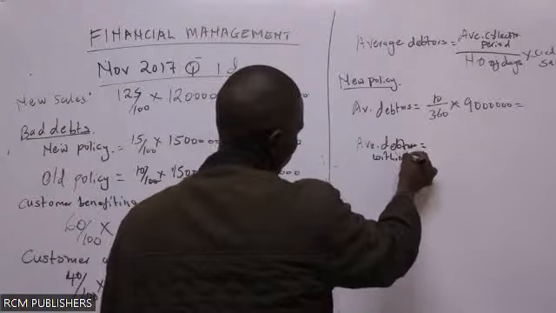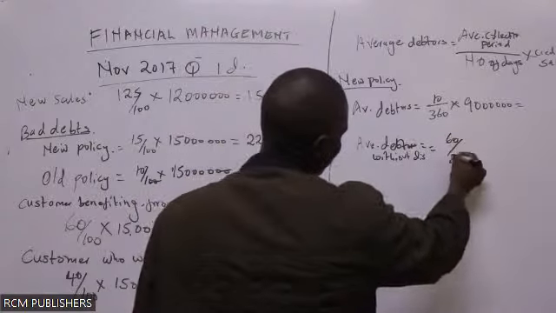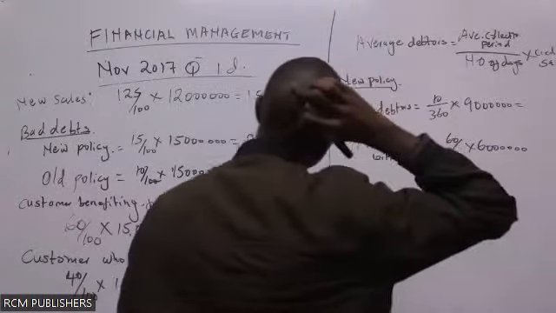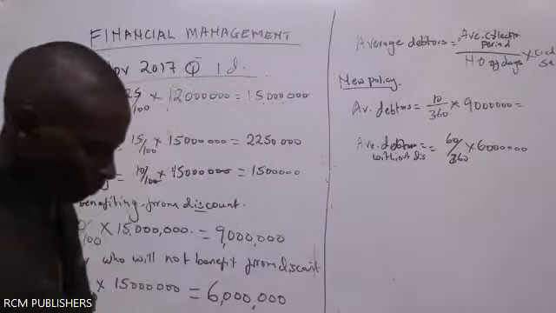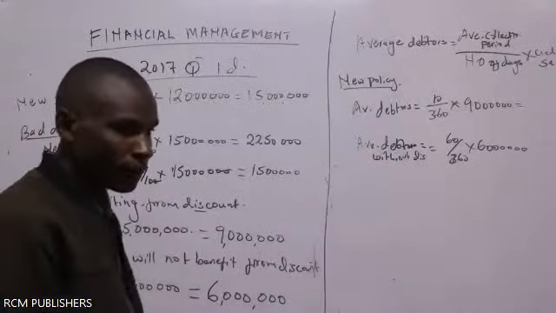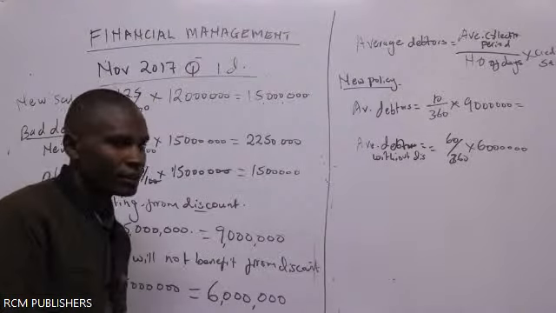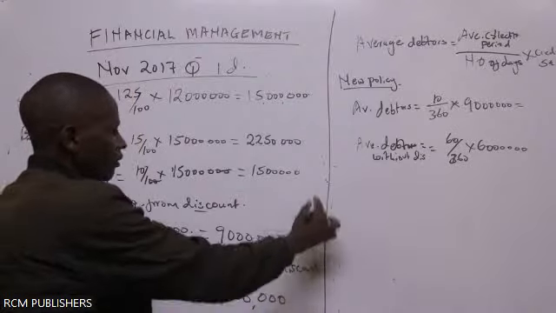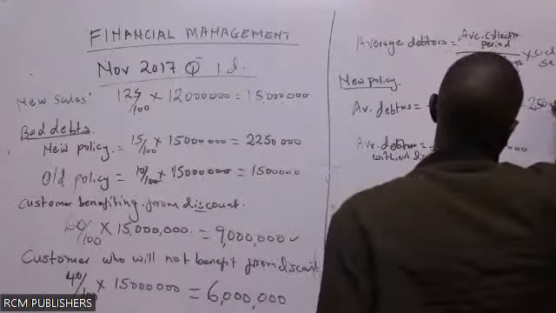This is without discount. Should be 60, net 60 over 360 times 6 million. So nipatie average data ya kwanza. Average data ya kwanza itakuwa ngapi? 10 divided by 360, I multiply by my credit sales, 250,000.